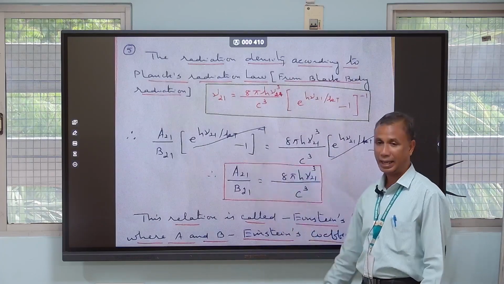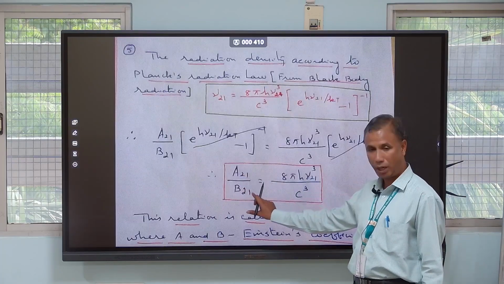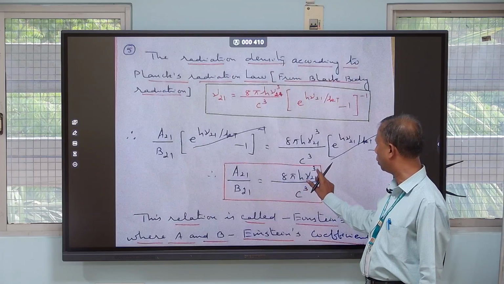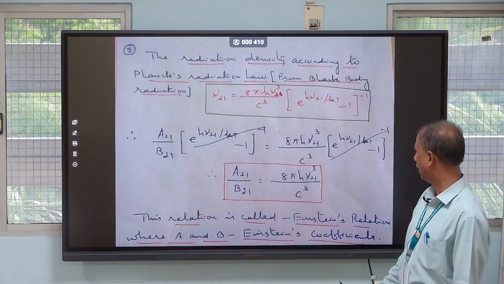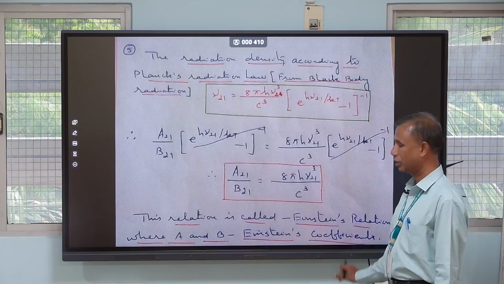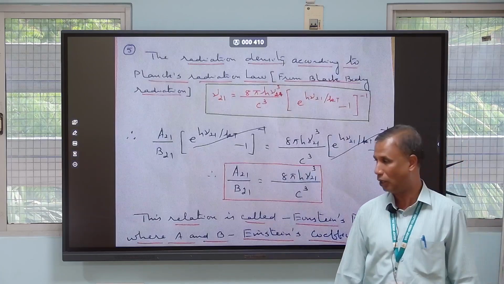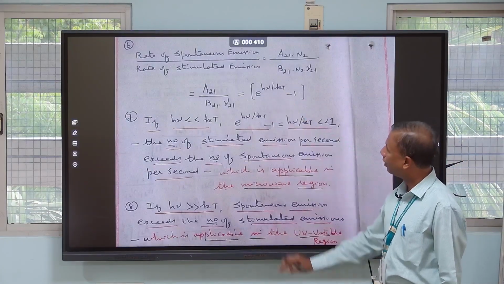After cancelling the common terms, the final term is A21 by B21, which is equal to 8 pi h nu 21 cube by c cube. This particular relation is called Einstein's relation. Here A and B are called Einstein coefficients. Now, come to the rate of spontaneous emission.